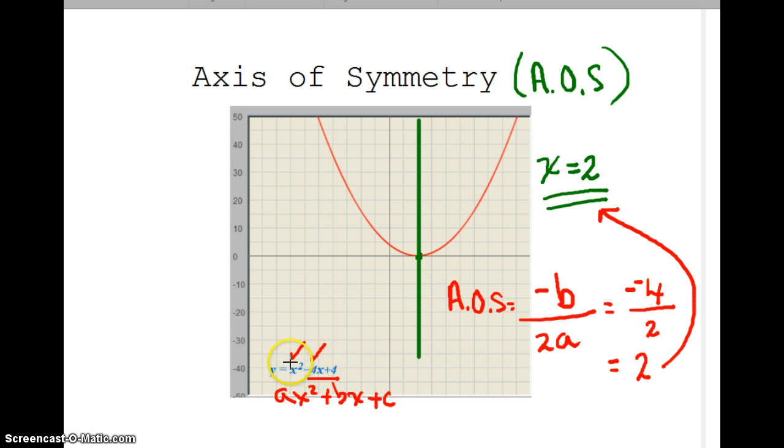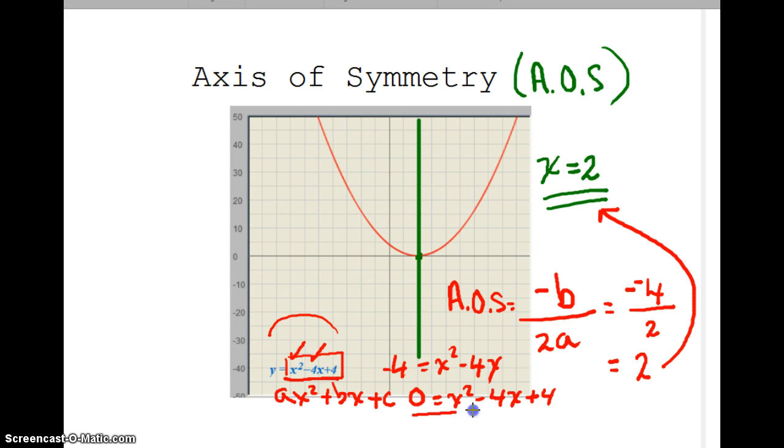Now the key here is when we do this, the equation has to be written y equals. You cannot have a number written over here. This couldn't be 4 equals x squared minus 4x. We always have to make it 0 equals x squared minus 4x plus 4.